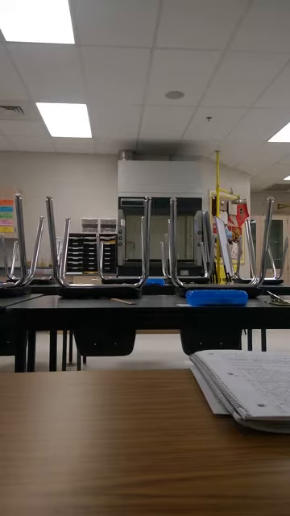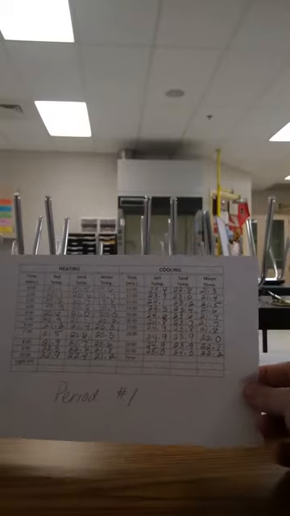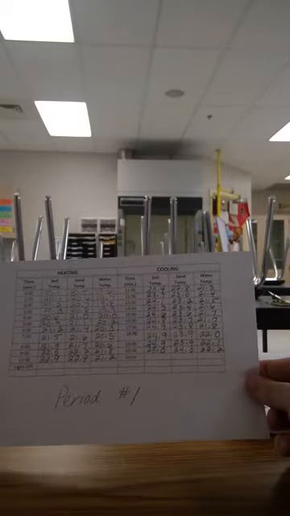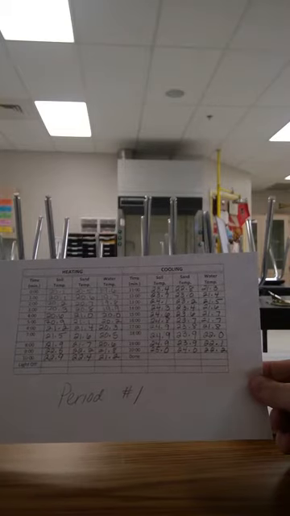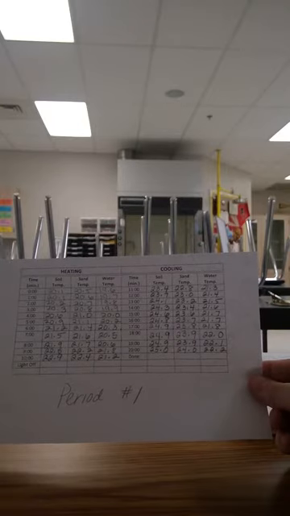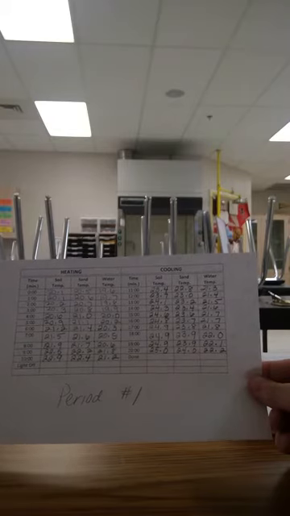We're going to select the data chart recorded from class period number 1. So you can see our starting temperature was 20.1 for the soil, 20.5 for the sand, and 19.6 for the water. All of these are temperatures in Celsius.